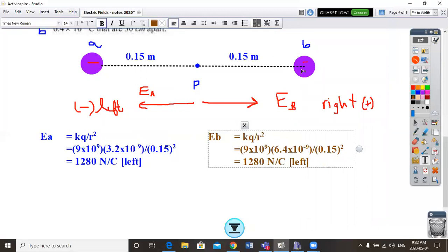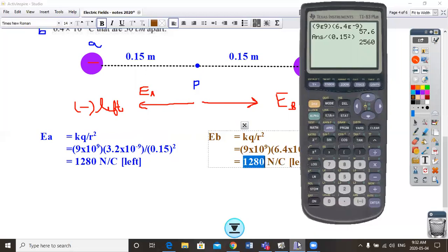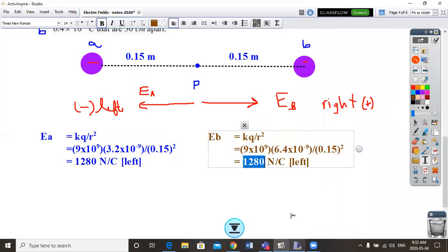The only thing that's different is that Q is doubled, so we would expect the field to be doubled. So we get 2,560 newtons per coulomb, but B is to the right of the point and it's a negative charge, so the field due to charge B is going to the right.